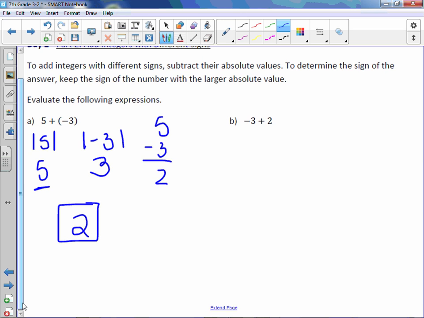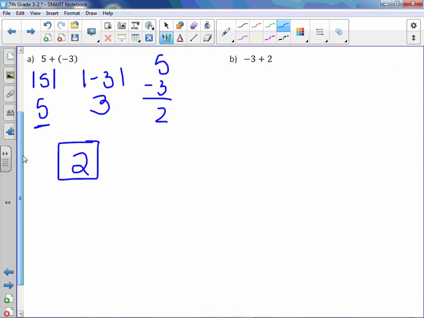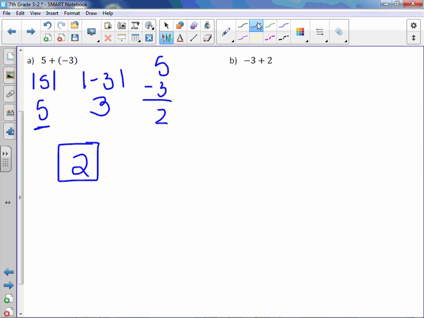Another way you can look at this, which may be a little bit less confusing, is to do integer chips. We have 5, which is positive, so draw 5 positives. 1, 2, 3, 4, 5. We have 3 negatives, so right next to those positives, match them up and draw 3 negatives. 1, 2, 3.